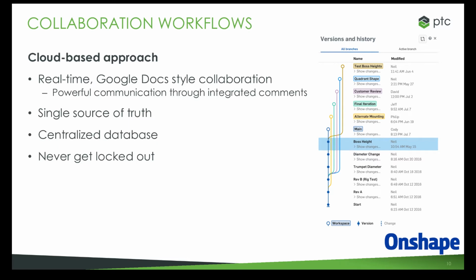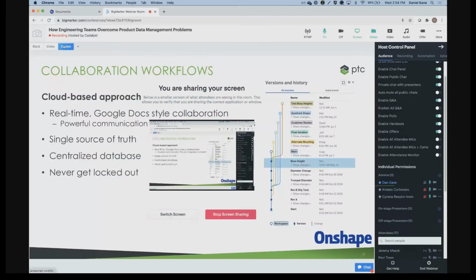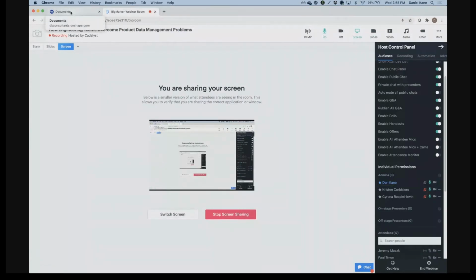Because you see these updates in real time, there are no questions about what is the latest version, right? What is the most up to date? As soon as anyone makes their change, you can see that change in real time. It's a centralized database on the cloud. And of course, you will never get locked out of your designs. So again, let's pop back over to Onshape and see how this works in practice.